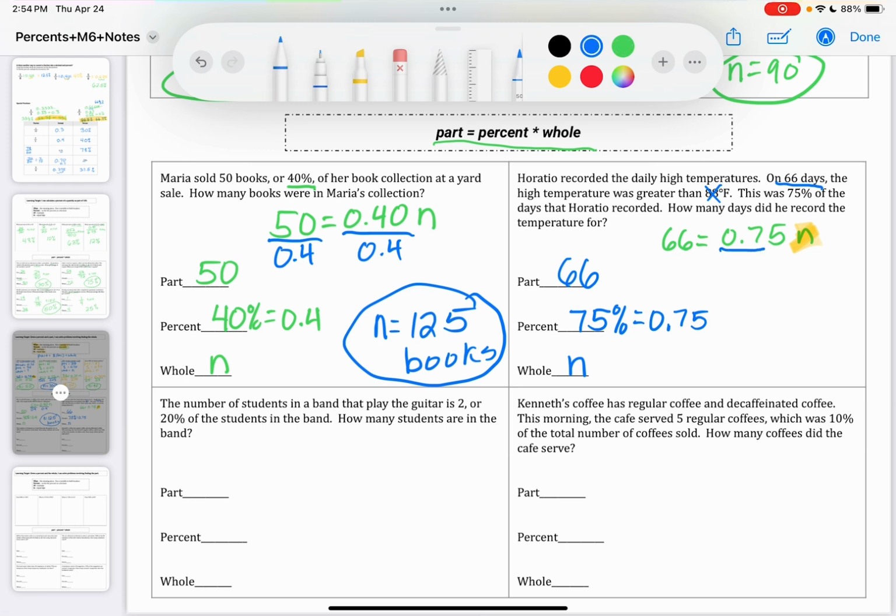So we're going to divide both sides by 0.75. So let's punch that in. 66 divided by 0.75. All right, I got 88. So I'm going to say 88 days.